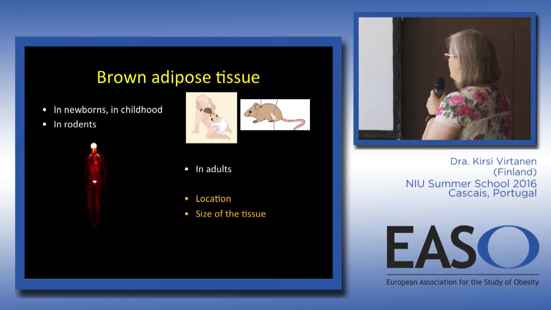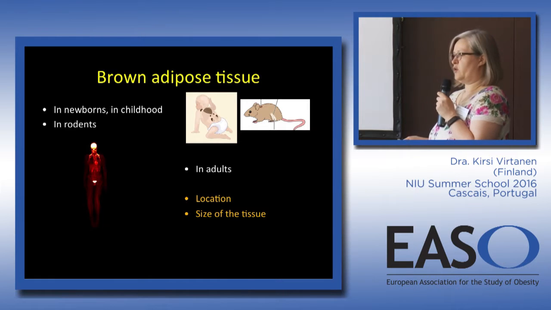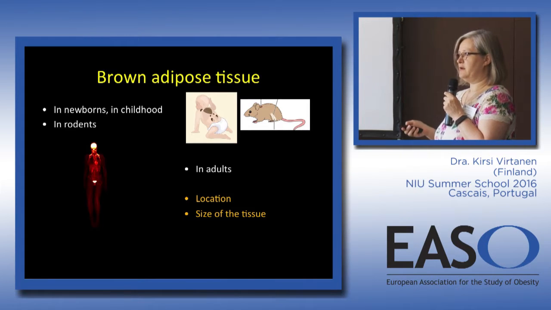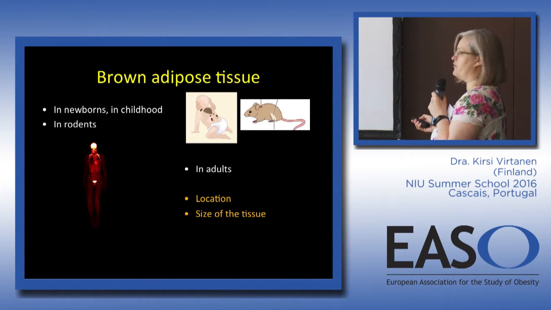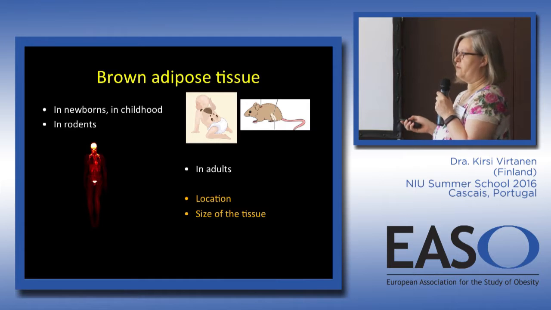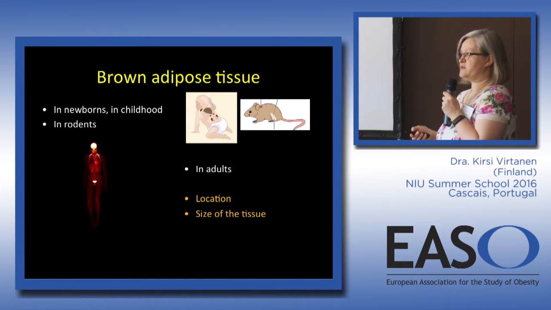The location is one point which probably differentiates adult brown adipose tissue function from rodent and infant function. The size of the tissue is also one point.